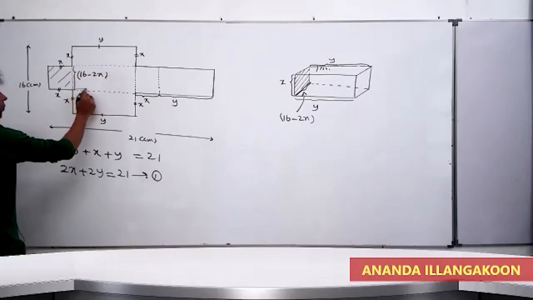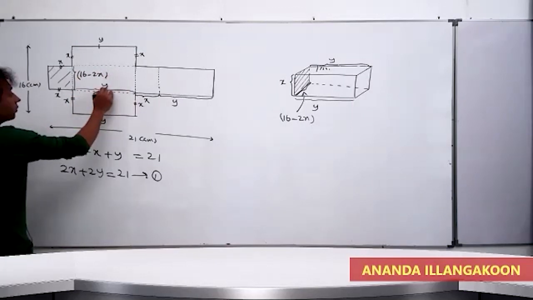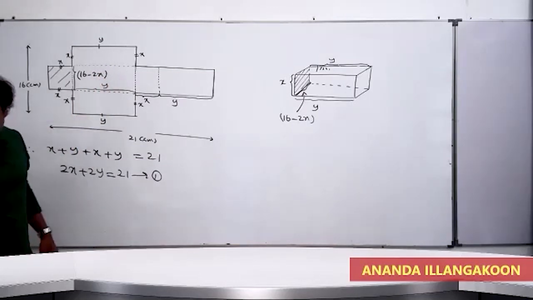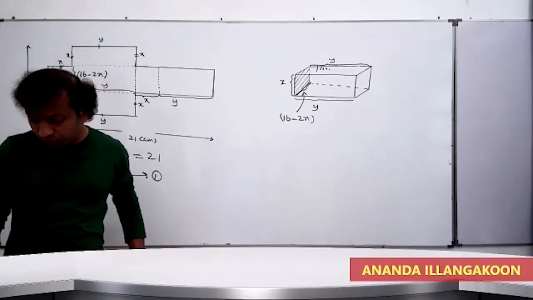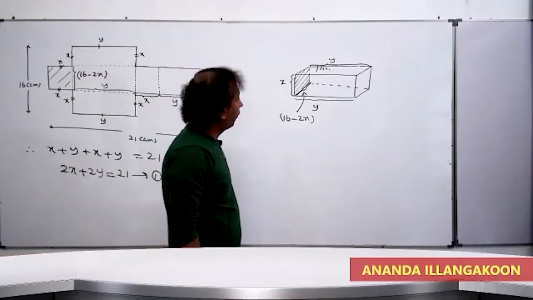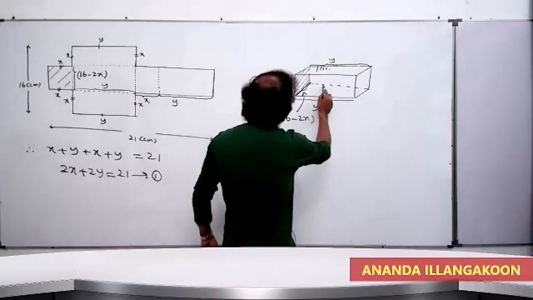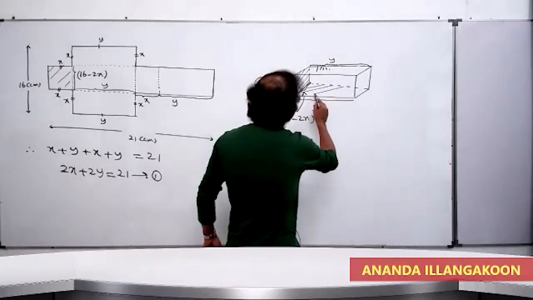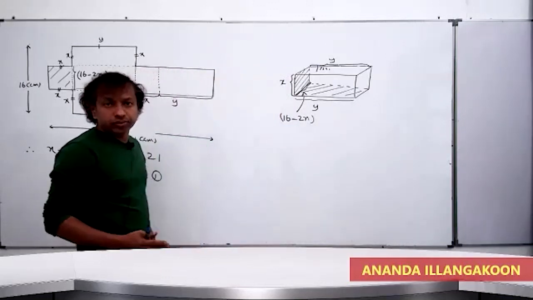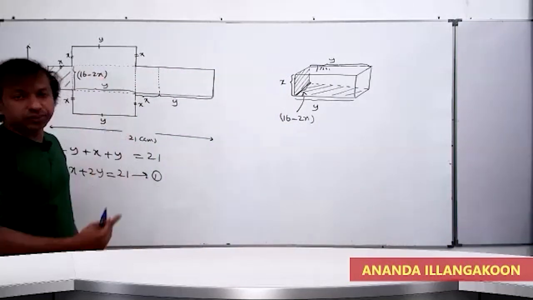This is y. And what is asking, people? Obtain an expression for the volume Vx of the box. People, can you tell me what is the volume of the box? Base area multiplied by height, no?